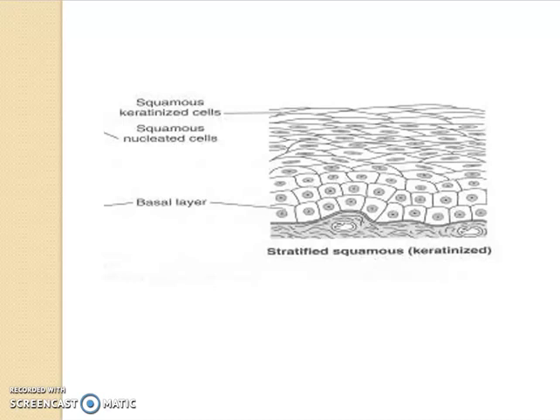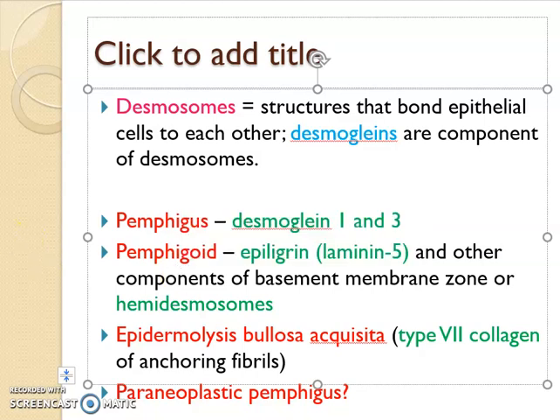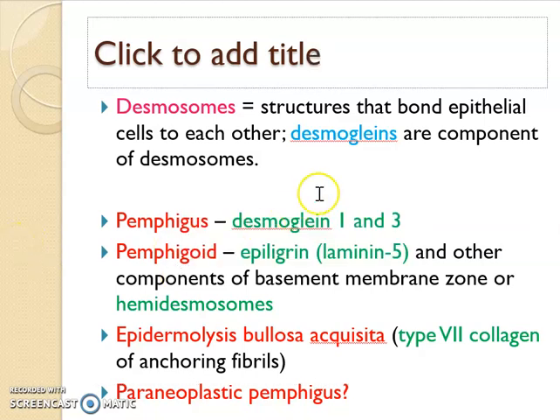So what's holding the epithelium together? Desmosomes are structures that bond epithelial cells together, and desmogleins are components of the desmosomes. This part here you have to memorize, because it depends on the lesions. The structures are very specific, and the autoantibodies will attack these regions only.